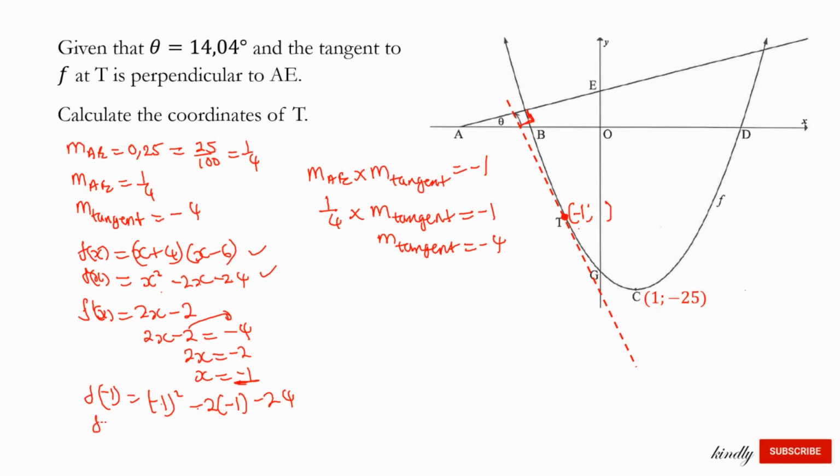So f of negative 1 is equal to negative 21. Therefore, the coordinates of T have x coordinate negative 1 and y coordinate negative 21. Okay, perfect.